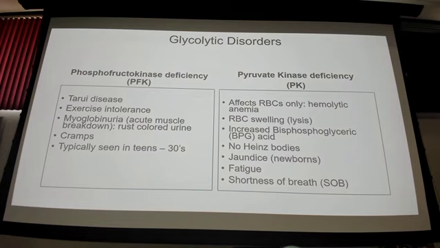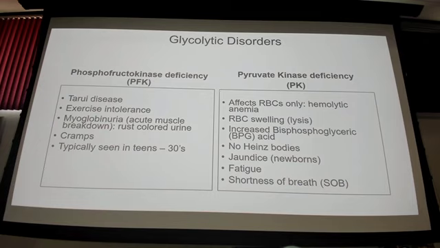Yeah. Good question. Rhabdomyolysis. And pyruvate kinase deficiency primarily affects the red blood cells because the red blood cells rely on glycolysis in order to produce ATP. And this last step, the pyruvate kinase step in glycolysis, is an ATP producing step in glycolysis.